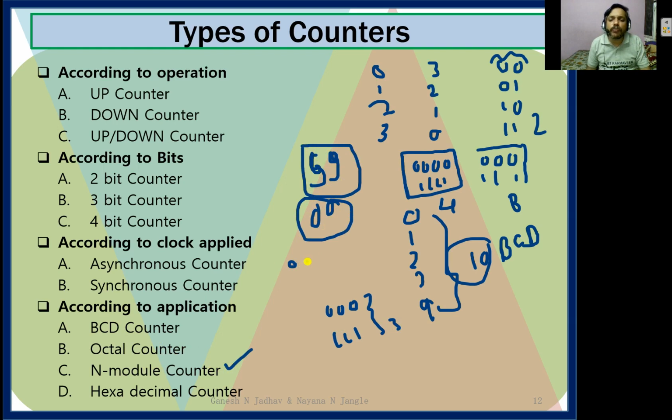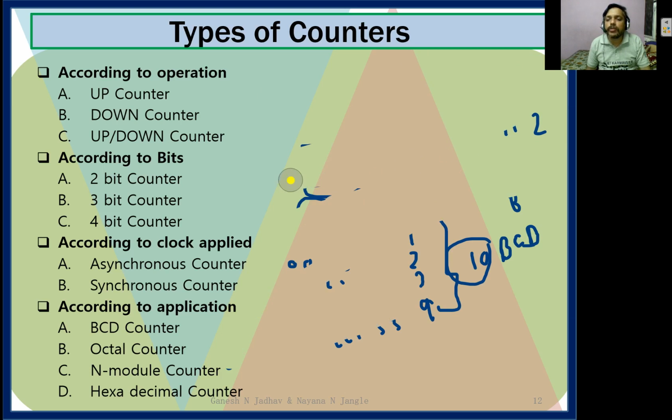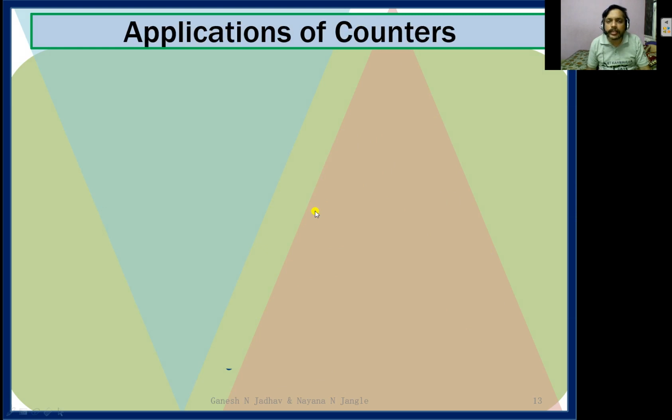A hexadecimal counter is nothing but a 4-bit counter counting from 0000 to 1111, so it is called a hexadecimal counter. So these are the types of counter which we are going to study in this unit. In this unit we are going to study all these types of counter and how to design them.